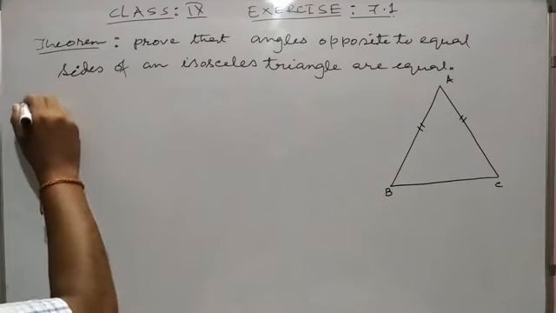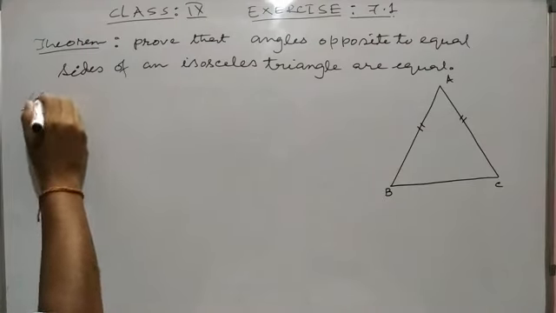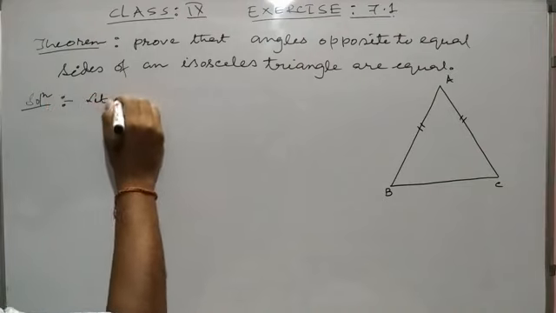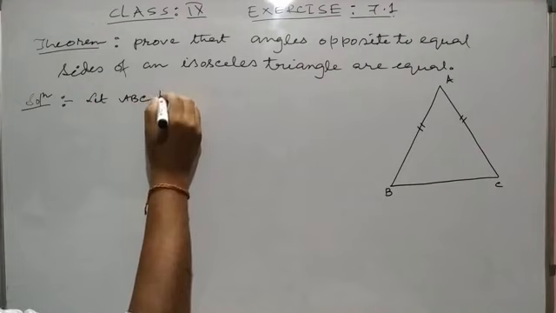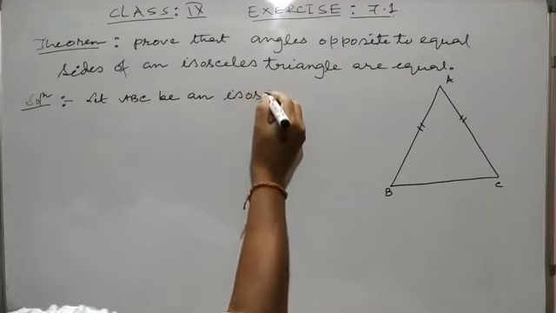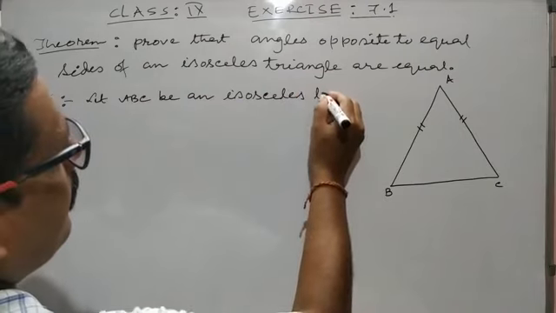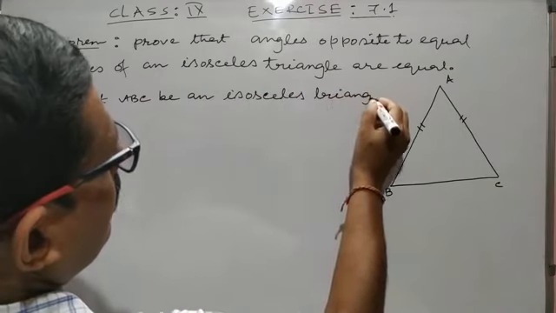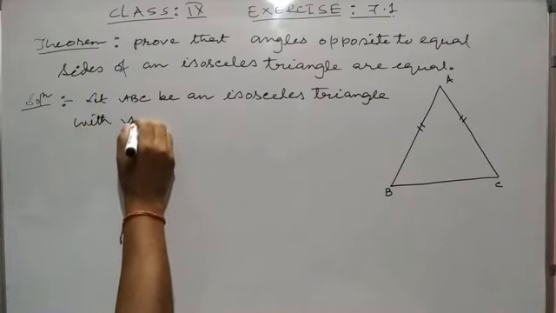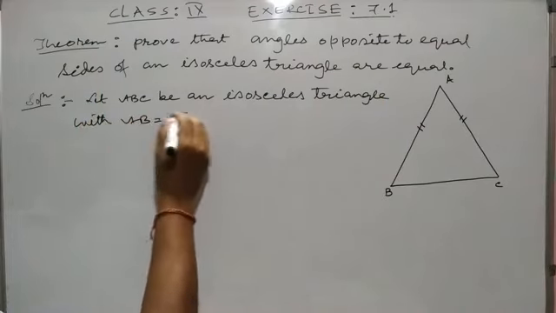So solution. Let ABC be an isosceles triangle with AB equal to AC.